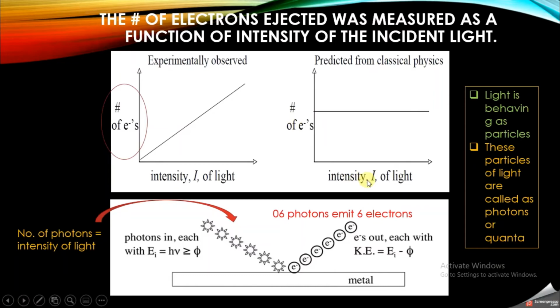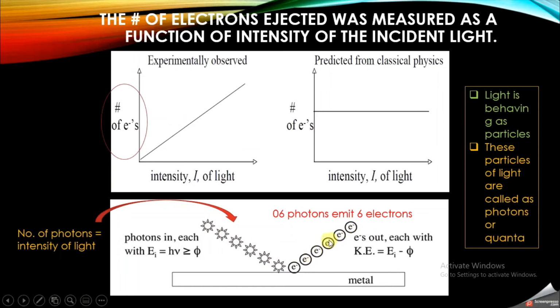So how is this happening? Basically, the intensity of light is the number of photons coming. If we have 6 photons of light coming, then 6 electrons are emitted. The intensity of light is directly proportional to the number of electrons.